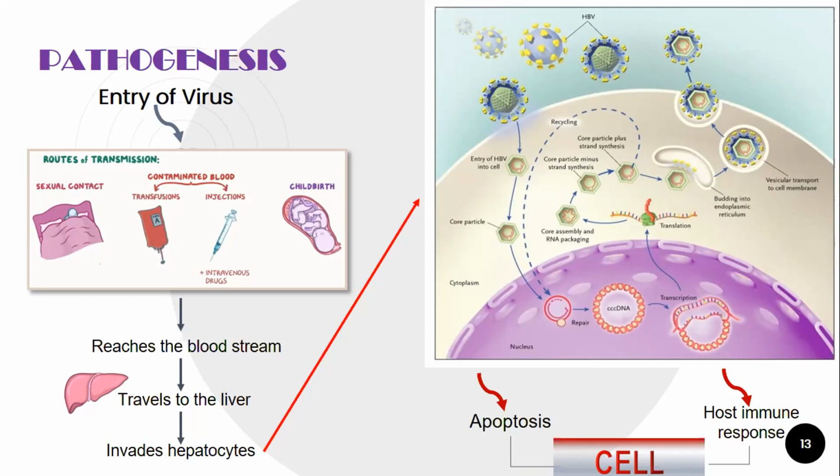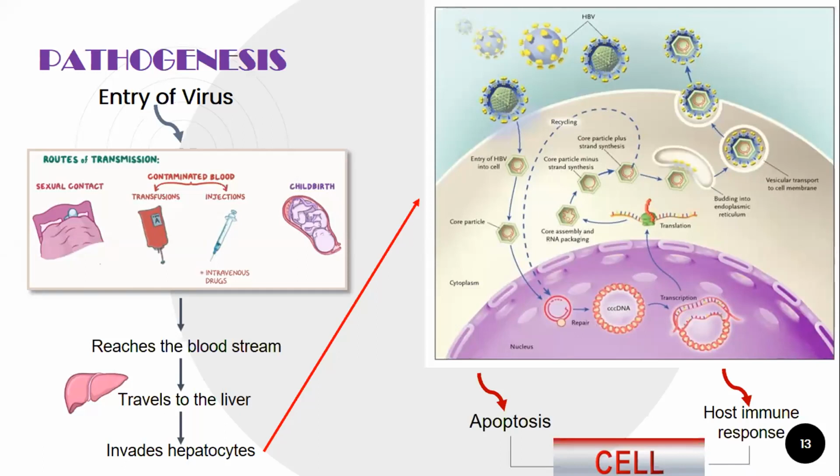Because of this ongoing infection, the hepatocyte itself can undergo apoptosis, or what we call programmed cell death. So the hepatocyte can program itself to undergo cell death. At the same time, because there is an ongoing infection, your host immune response also takes place.